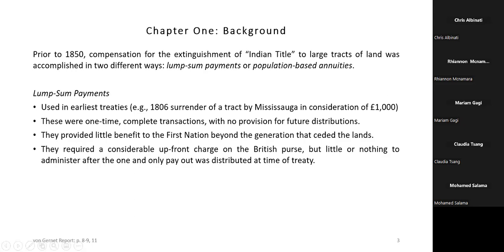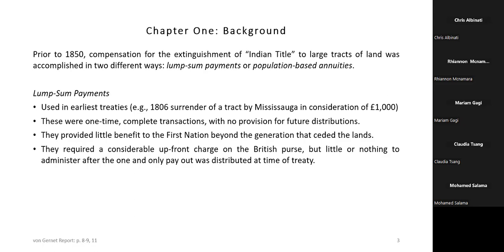Yeah, so what I did is I just provided an introductory background or reminder of how the extinguishment of what was called Indian title worked prior to the Robinson treaties. And as you may recall, of course, the first treaties were done using a lump sum system where the First Nations just received a single sum.